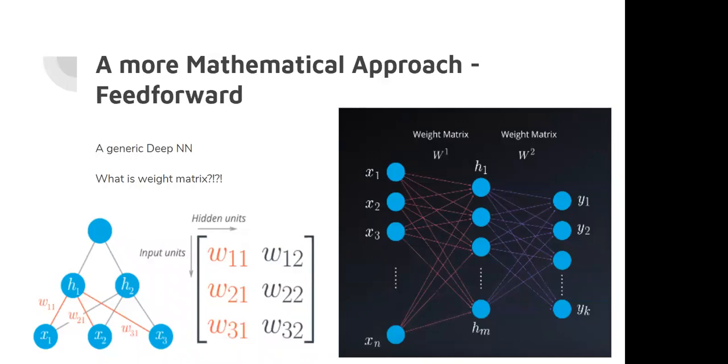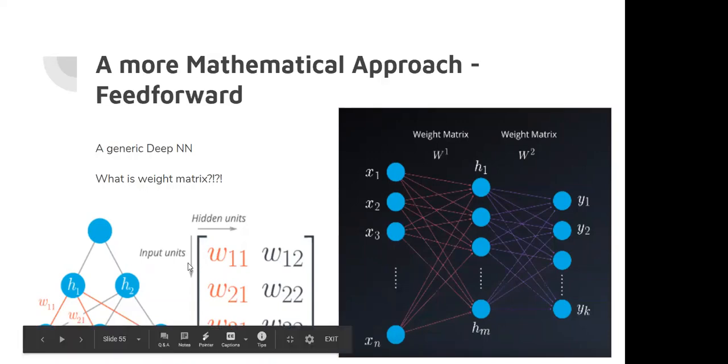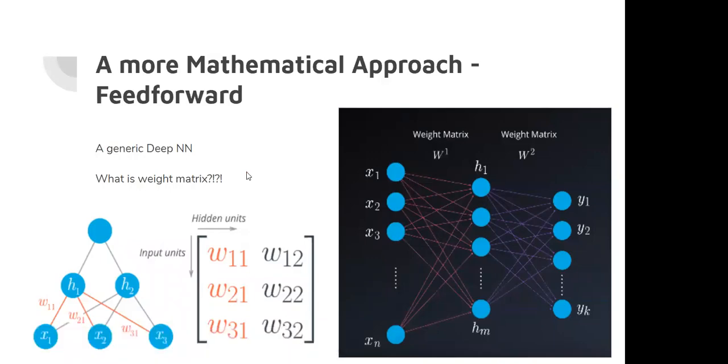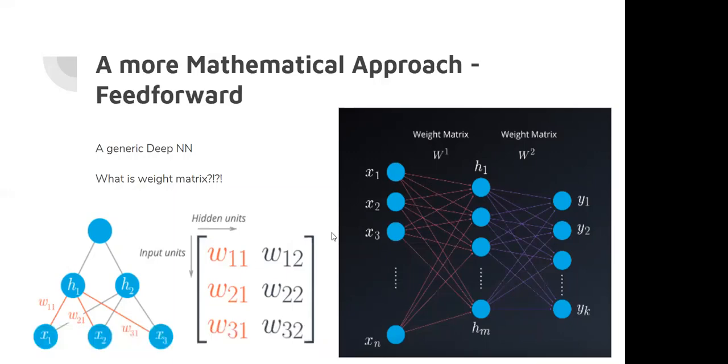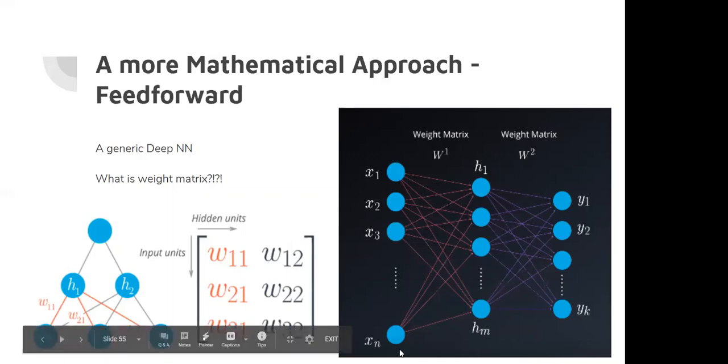All the input nodes from where these weights are originating are aligned as rows, and the hidden layer neurons where these weights are finally ending are aligned as columns. So this is your input vector, this is your hidden node vector, and this weight matrix is aligned like this.